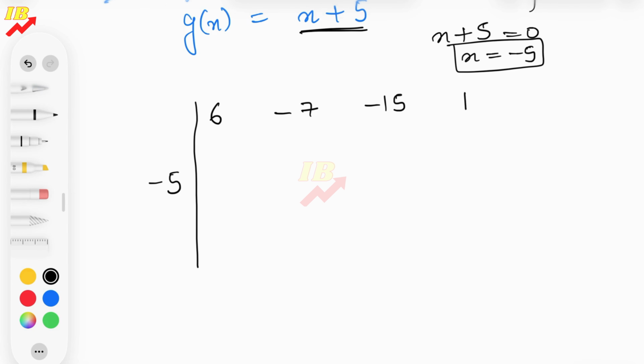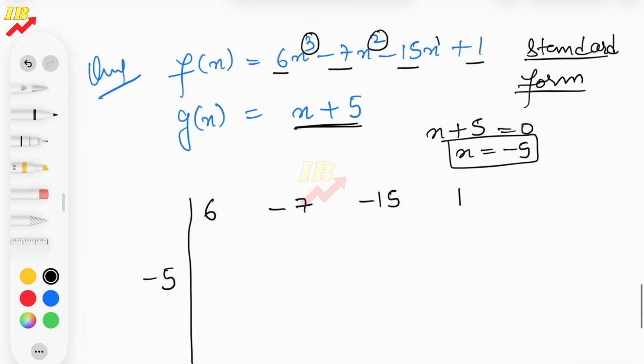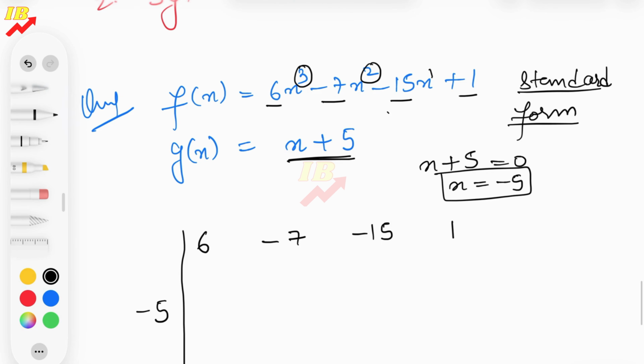Now the next step, I hope the steps are clear, right? As I said, the first thing is that you should check the standard form, which is this, right? Just check the order of all the polynomial terms, and then take the coefficients along with the sign, okay? If any coefficient is missing, earlier also I told you, suppose this one is missing from here, so you write plus 0x instead of that.